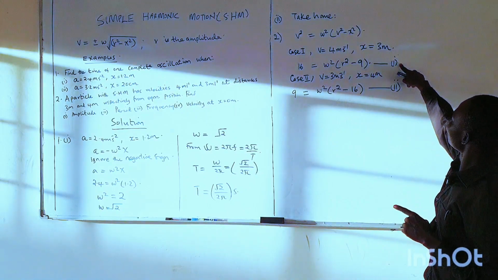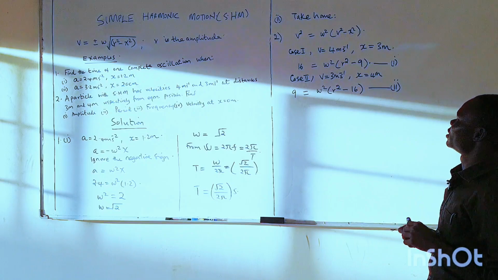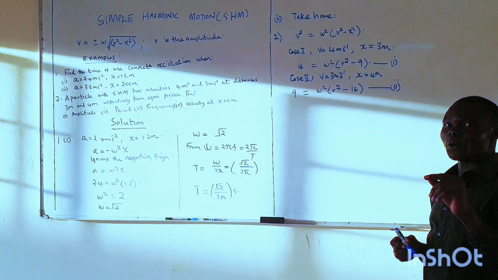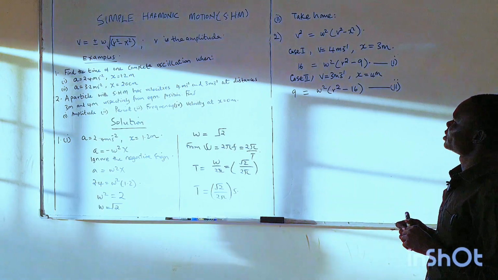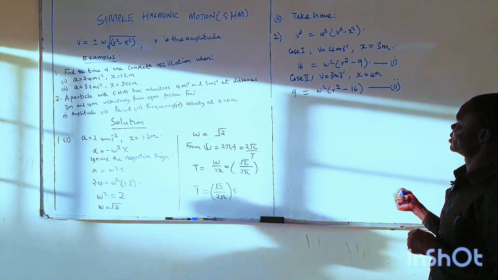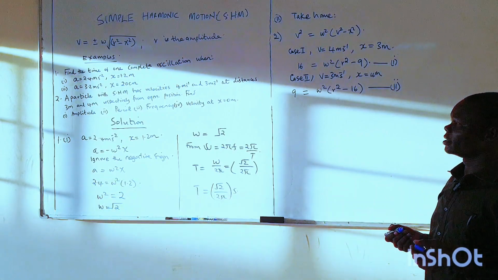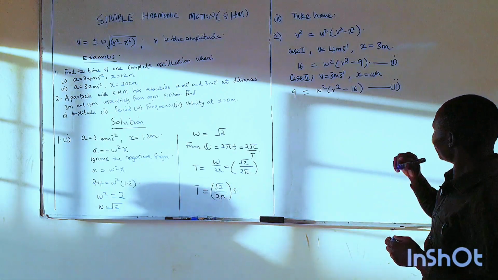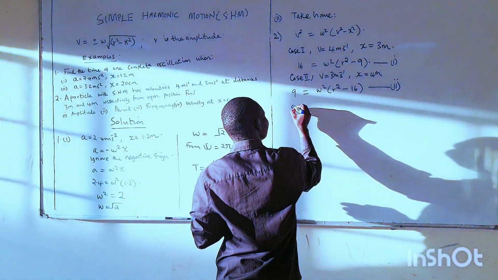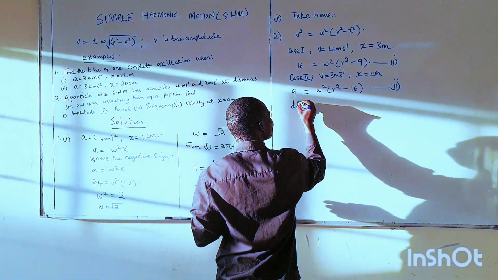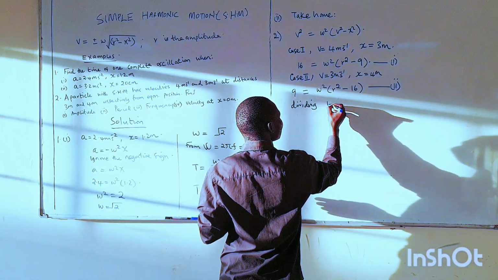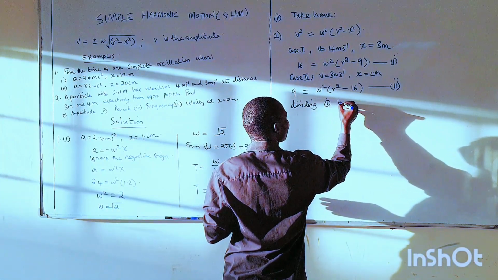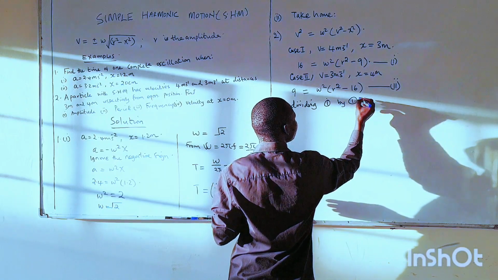Now from here, how are this equation 1 and equation 2 to be solved? Just that we get the value of omega and we get the value of r squared. Actually, what we shall do here, we divide equation 1 by equation 2.